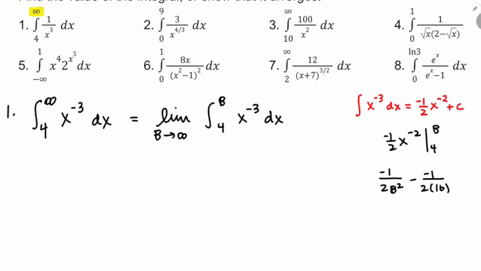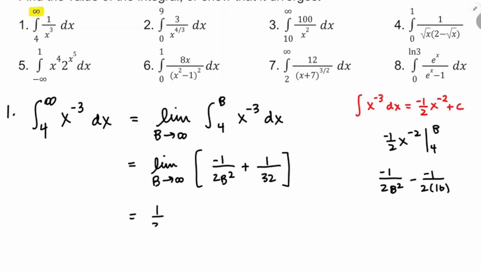And then I'm going to say, okay, this is still the limit as b approaches infinity of negative 1 over 2b squared plus 1 over 32. Okay, as b approaches infinity, that first fraction is going to go to 0, and this is going to be 1 over 32.